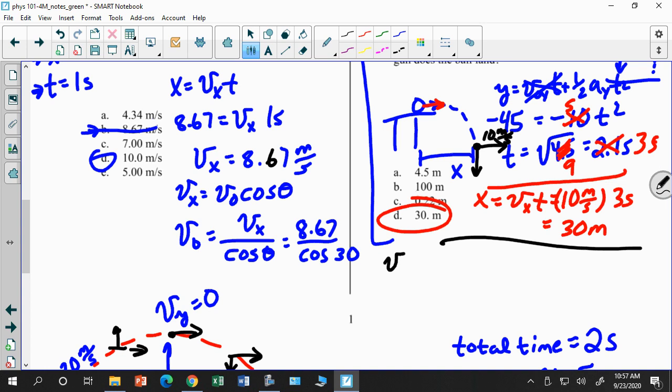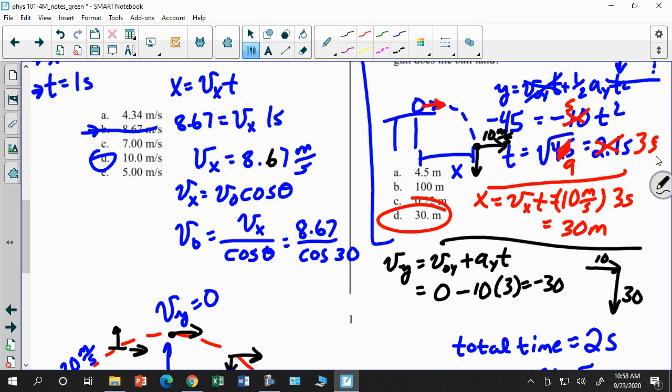The velocity in the y direction is equal to v naught y, which is 0, plus a_y t. That's going to be 0 minus 10 times 3, or minus 30. So I have one vector in the x direction that's 10, another vector that's 30, and I want to know what this vector is.